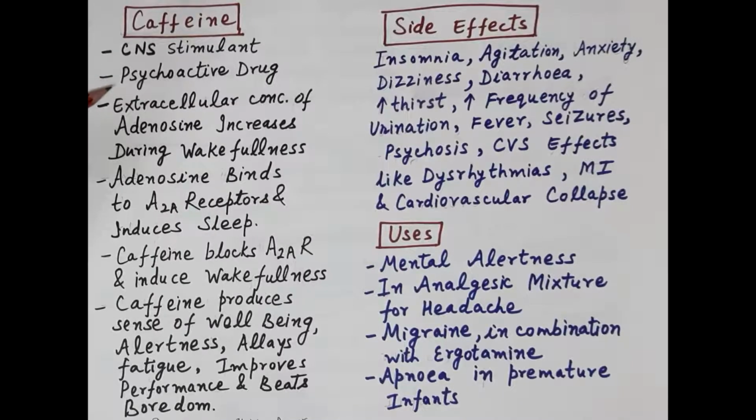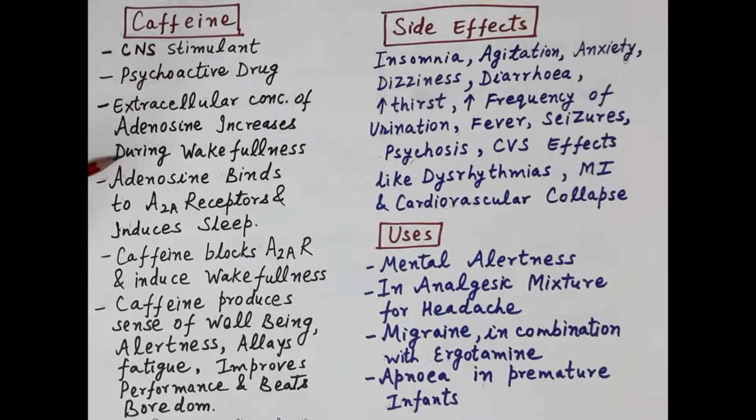Now, in order to understand the role of caffeine in inducing wakefulness, let's study the physiological role of adenosine in the induction of sleep. The extracellular concentration of adenosine increases during wakefulness. That is, when a person is awake, and as the duration of wakefulness increases, there is an increase in the level of extracellular adenosine.